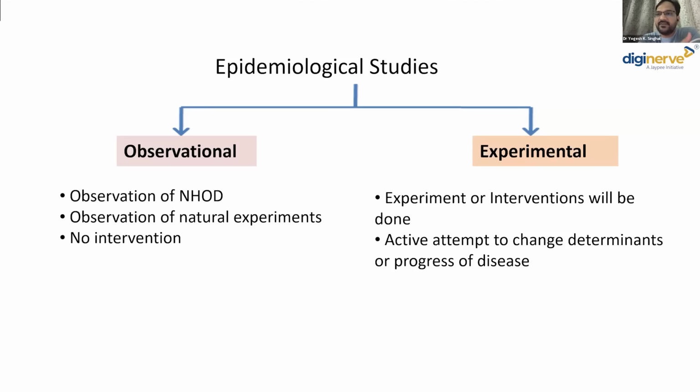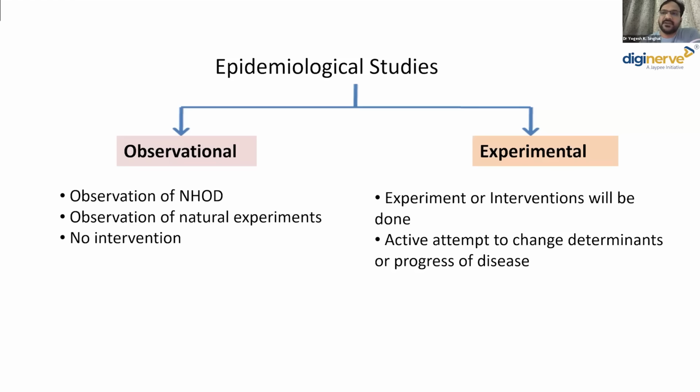And in between, he started doing some exercises, he started making some lifestyle changes. So it is a natural experiment. We will not tell the patient to start lifestyle modification. We will not tell the patient that you should quit alcohol or you should start alcohol. We will do nothing.